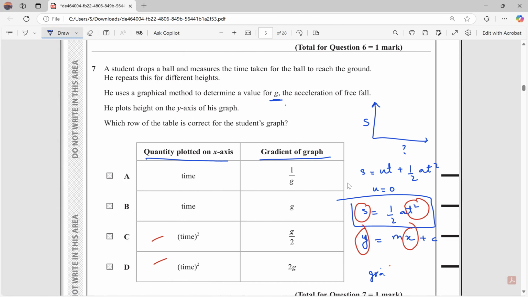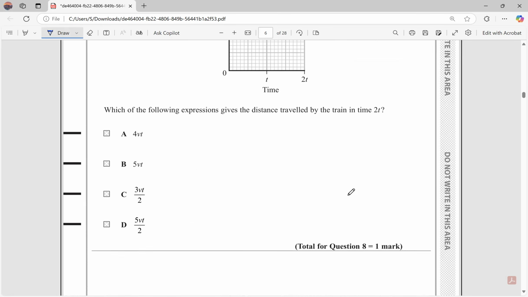The gradient here is equal to a divided by 2. Or g divided by 2 because it's the acceleration of free fall, as it said. So it is option C, time squared and g by 2. Yeah, option C.